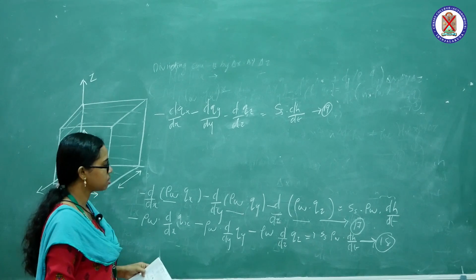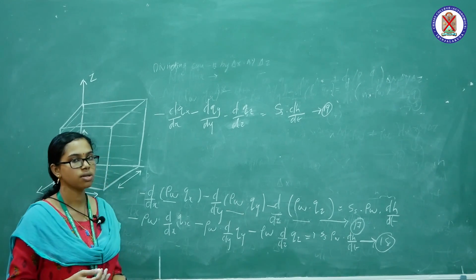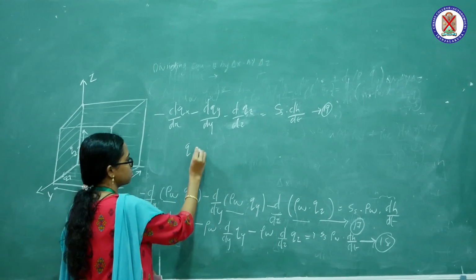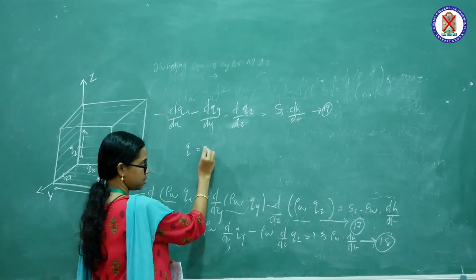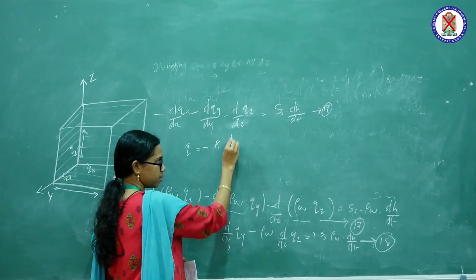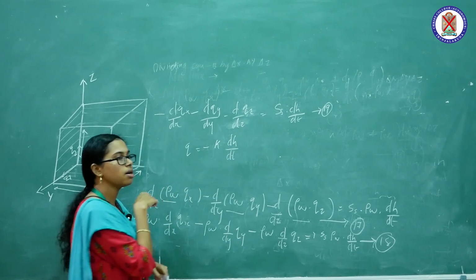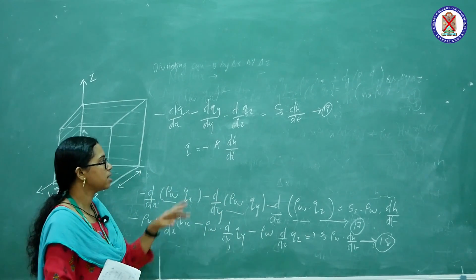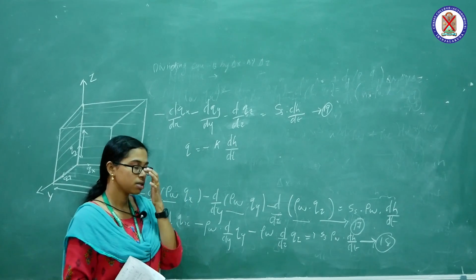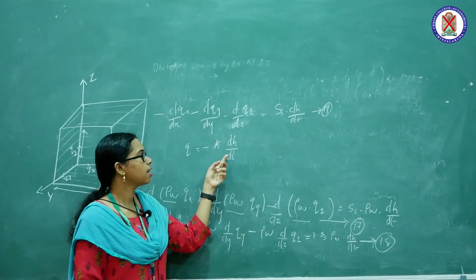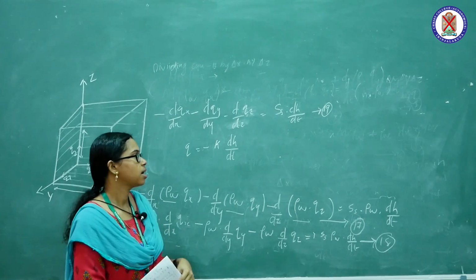Next is based on Darcy's law. According to Darcy's law, Q, that is the discharge, is minus K into dH by dx, where Q is the flow per unit cross-sectional area, K is the hydraulic conductivity and dH by dx is the hydraulic gradient.